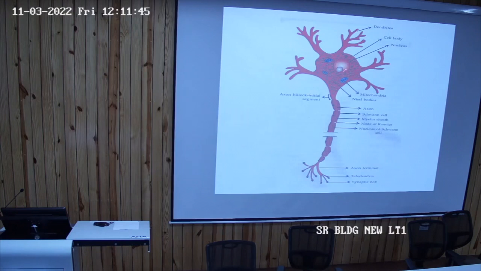Microfilaments are there too. And this axon hillock is the starting point of the axon, also called the initial segment.